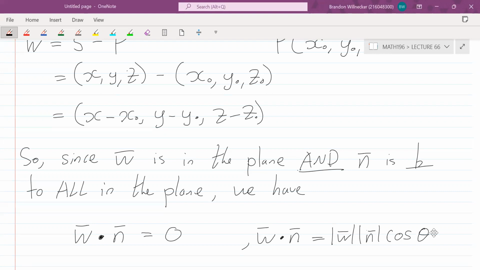Now, if they're perpendicular, then the angle must be 90. Perpendicular means the angle is 90, and so cosine of 90 is 0, which means this whole thing goes to 0. And that explains why this dot product is 0.